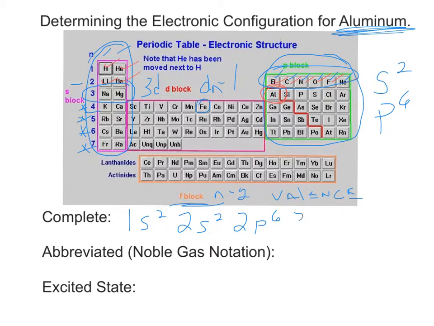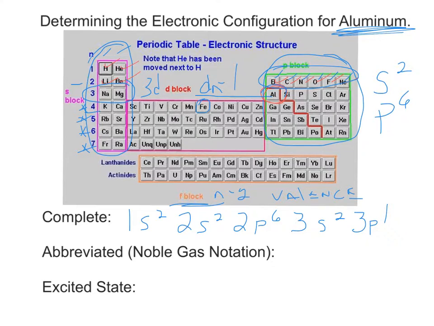So I'm at row 3. I have my 2 S's. And I come over here and I have 1 P. 3p1.